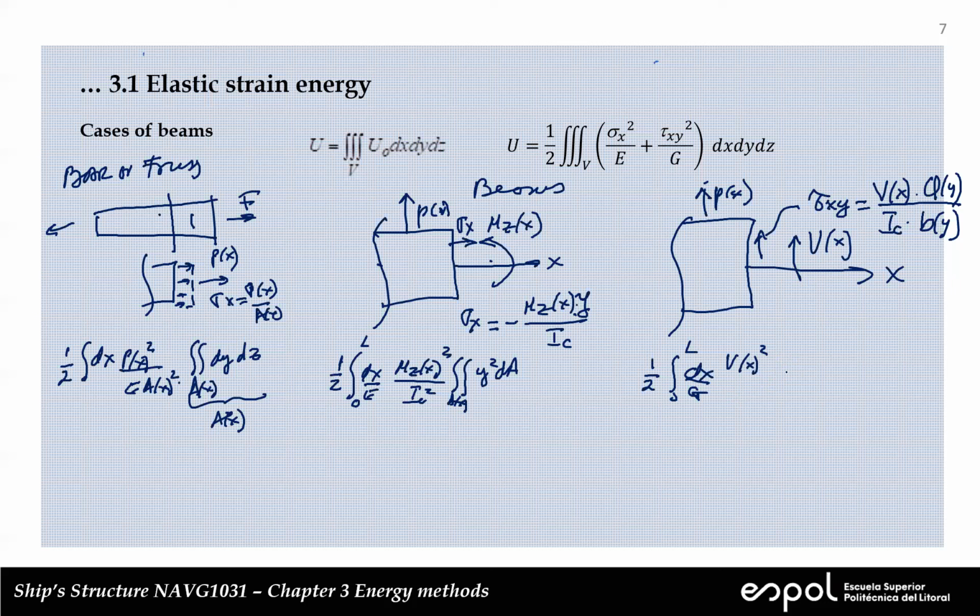That we integrate in the section the rest. So we have Q divided by, this is a square times the section. Okay, and if we replace, this is what we obtain.